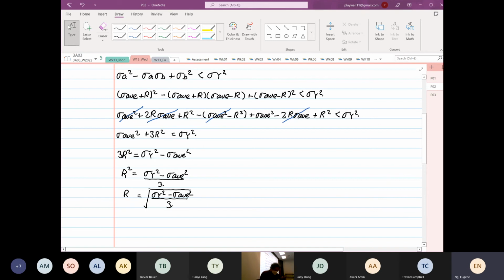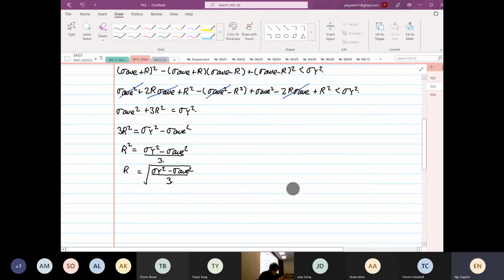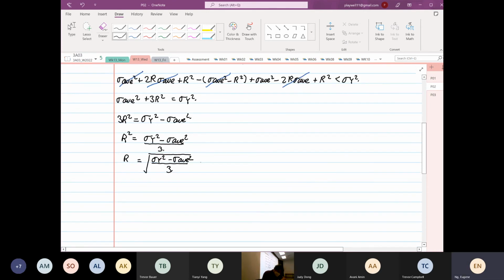Now, let's calculate the value first. Okay, then let's see why we should determine the radius. Okay, let's do this first. So this will be equal to, because I don't want to confuse you guys, all of us.